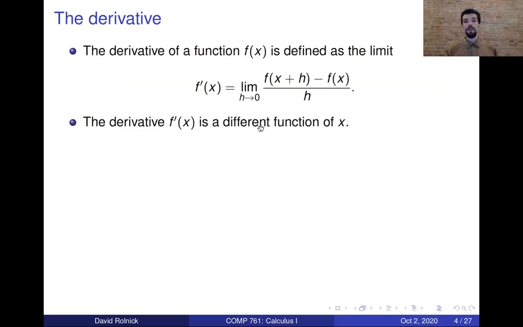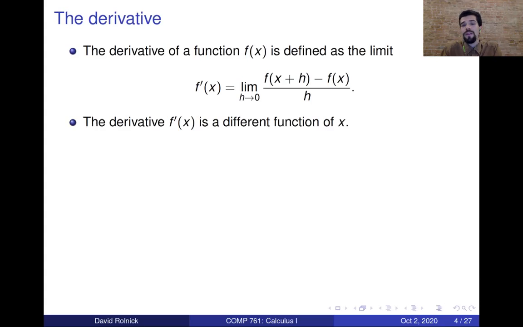The derivative of a function is defined as the limit. The function is f(x). The derivative is often denoted f'(x). It is another function of x, which is the limit as you take some value h going to 0 of (f(x+h) - f(x))/h.